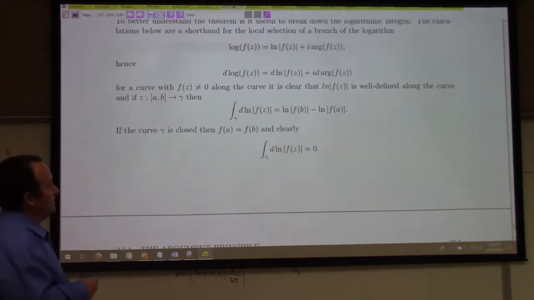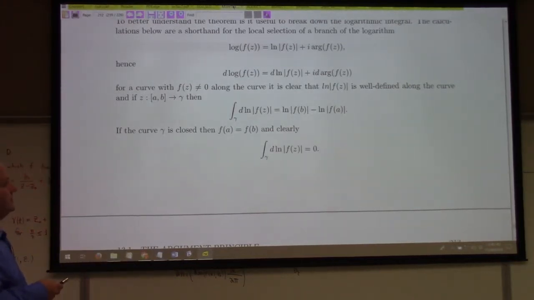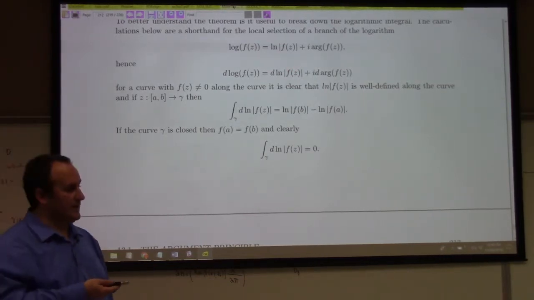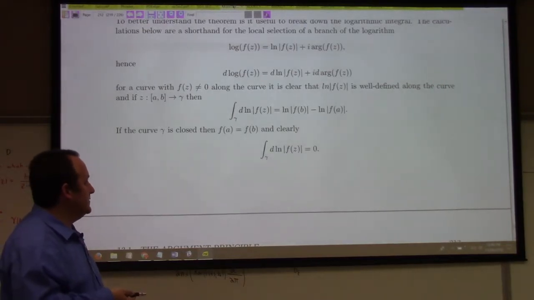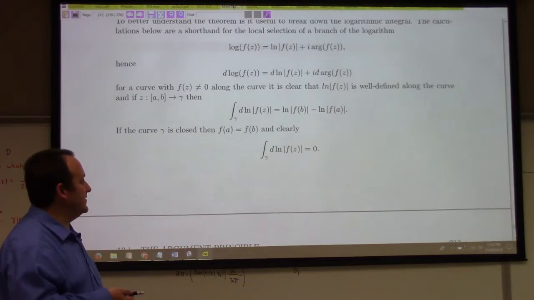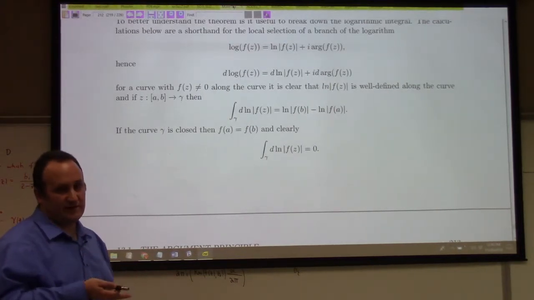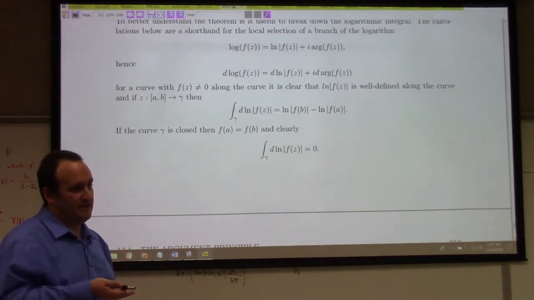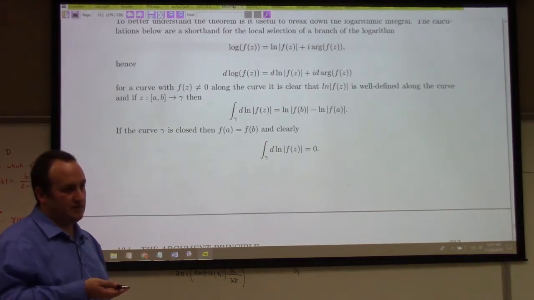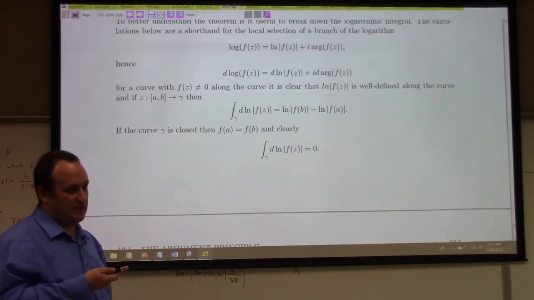And so the log of the modulus, there's no trouble calculating that all the way around the curve, right? There's no discontinuity. The natural log of the modulus of f of z, as long as f of z is non-zero on the curve, you can differentiate everywhere.